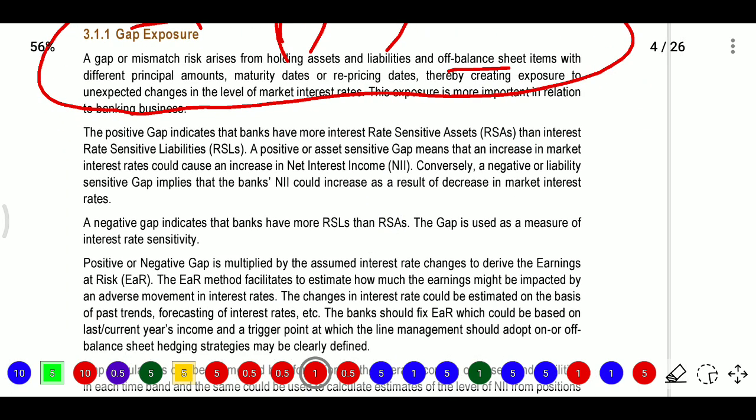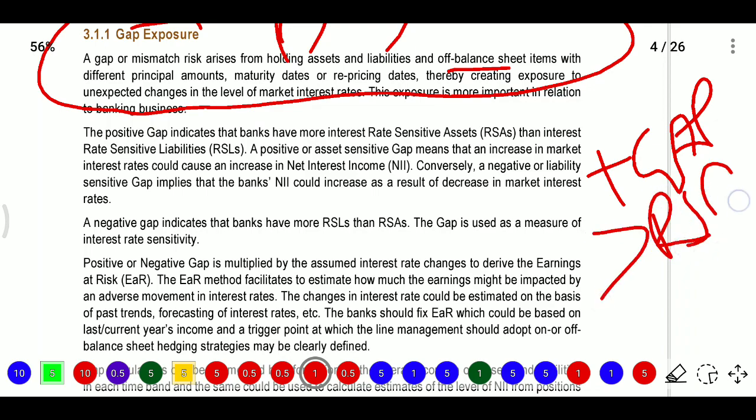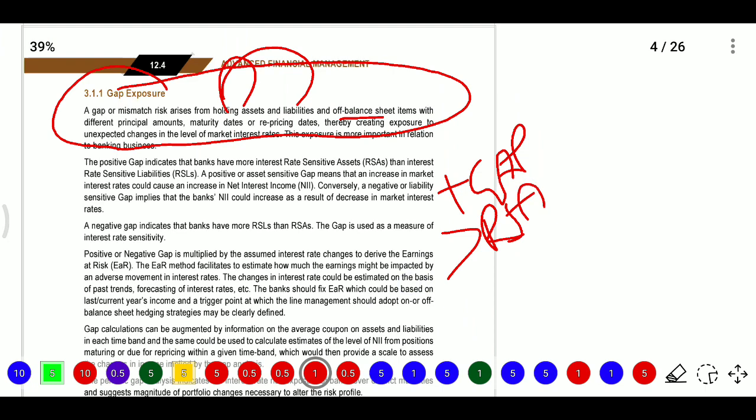Next, a positive gap indicates that the bank has more interest rate sensitive assets than interest rate insensitive positions. So when will there be a positive gap? When we have more RSA, that is rate sensitive assets, than RSL, rate sensitive liabilities. So if assets are more than liabilities, then it is a positive gap.